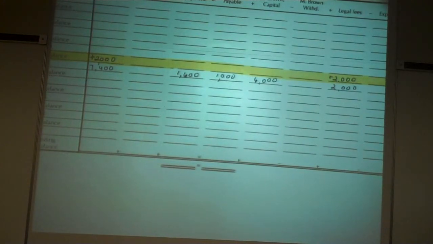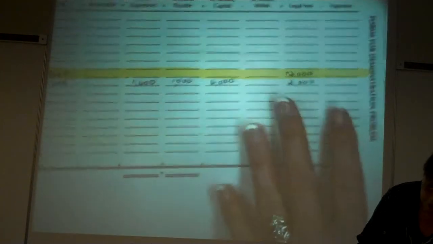Transaction E, paid salaries, $800. What accounts are affected? Minus 800 on cash and expenses. Is the expenses a plus or a minus? It's a plus.